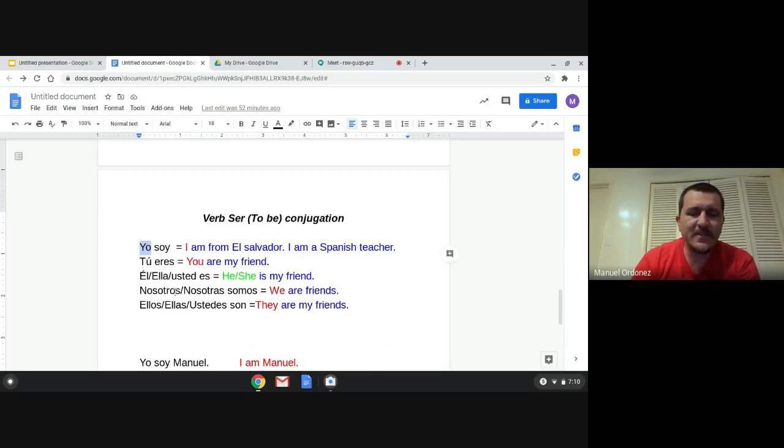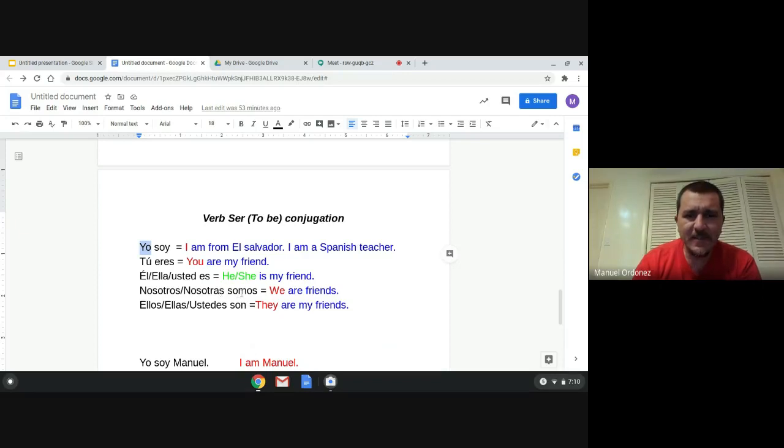The next subject pronoun is nosotros, we, when we're talking about a group of boys. Remember, in Spanish we have genders. Nosotros for boys, nosotras for girls.